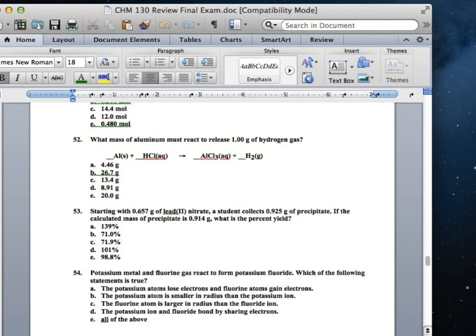Okay, so we are forming potassium fluoride. I might go through and write out that I have potassium solid plus fluorine gas to give me potassium fluoride. That might be something I'd be willing to do. It just depends on what the question was. So then I would read ahead. It says potassium ions lose electrons, fluorine atoms gain electrons.